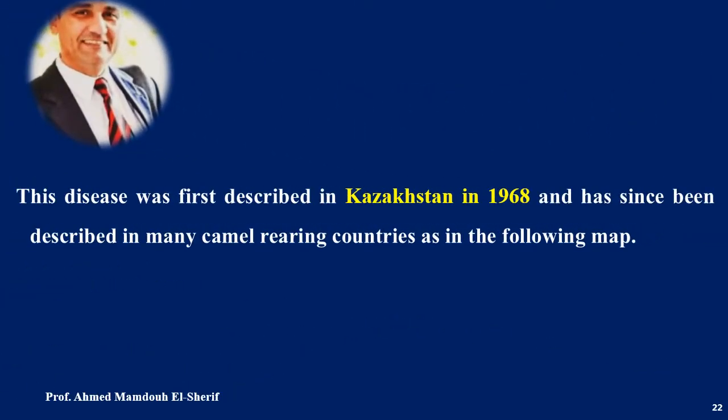Contagious pustular dermatitis in camels was first described in Kazakhstan in 1968 and has since been described in many camel rearing countries as in the following map.